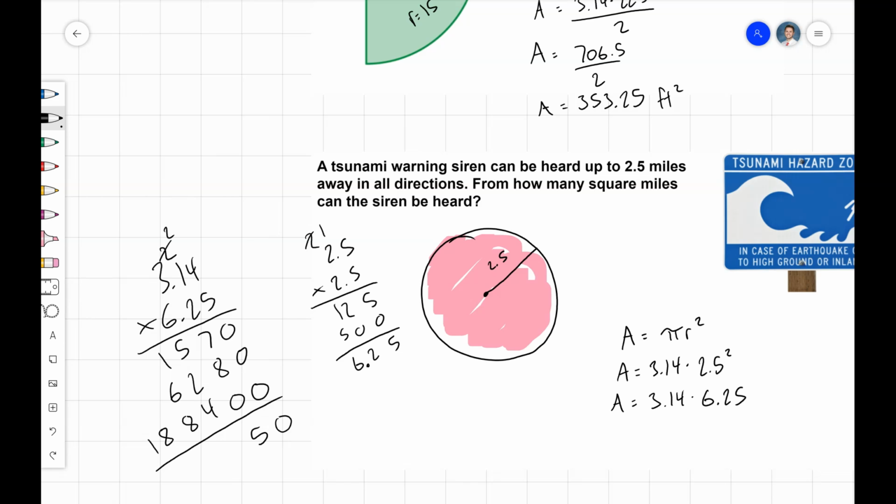And we add, so we get an area of 19.625 square miles. So in other words, this siren can be heard for 19.625 square miles.